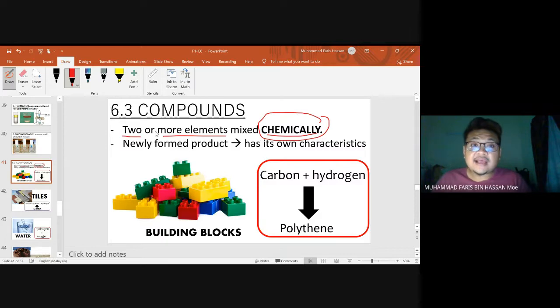This means a compound forms a new product which has its own characteristics. For example, building blocks, and this is polythene, which can be obtained from carbon combined with hydrogen to form a new product, which is polythene.